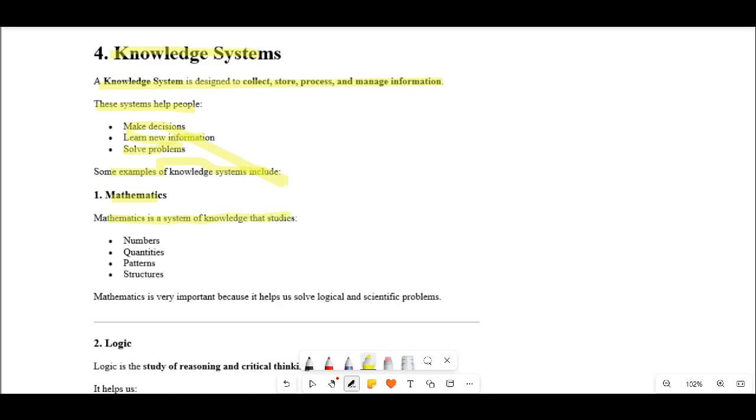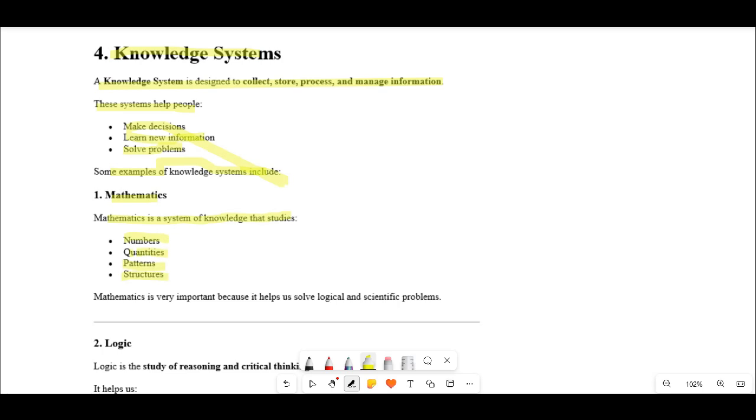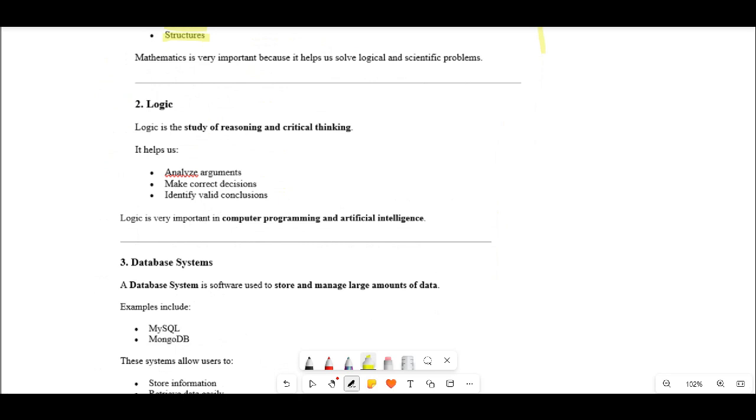Mathematics is a system of knowledge that studies numbers, quantities, patterns and structures. Mathematics is very important because it helps to solve logical and scientific problems.